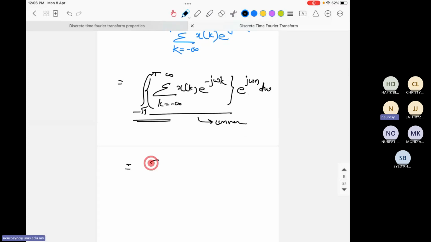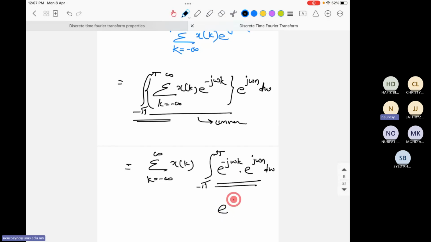Therefore, I will take the summation outside, k from minus infinity to infinity of x of k, and write the integration inside: minus pi to pi of e to the power minus j omega k into e to the power j omega n d omega. Now what is this? This is e to the power j omega into n minus k.